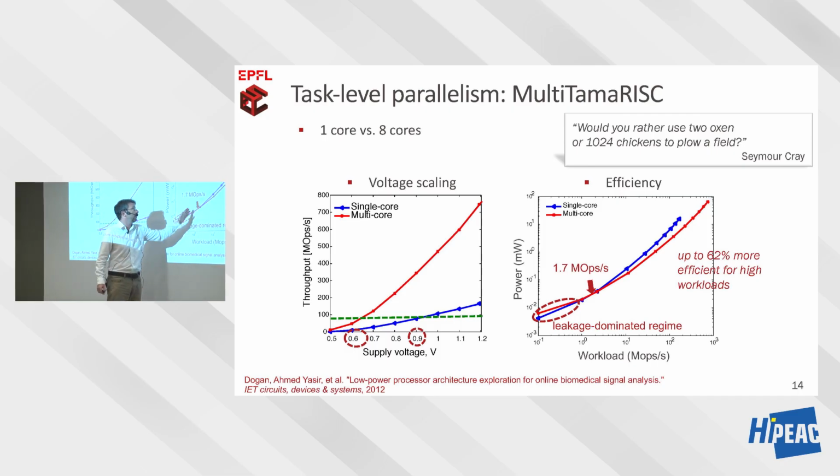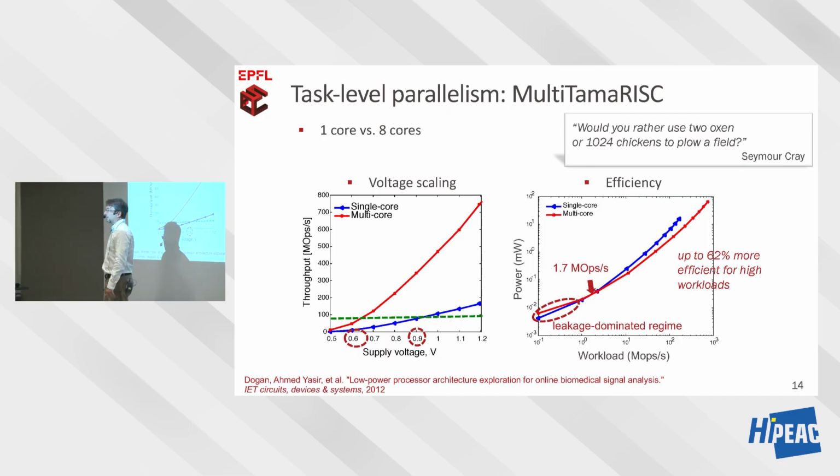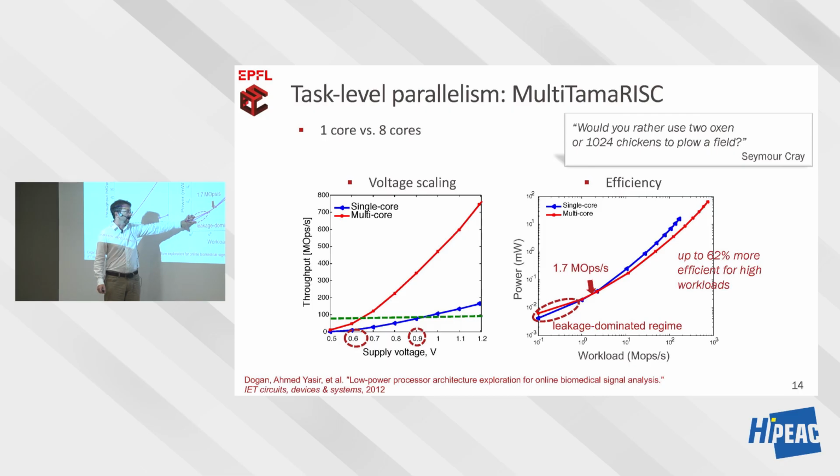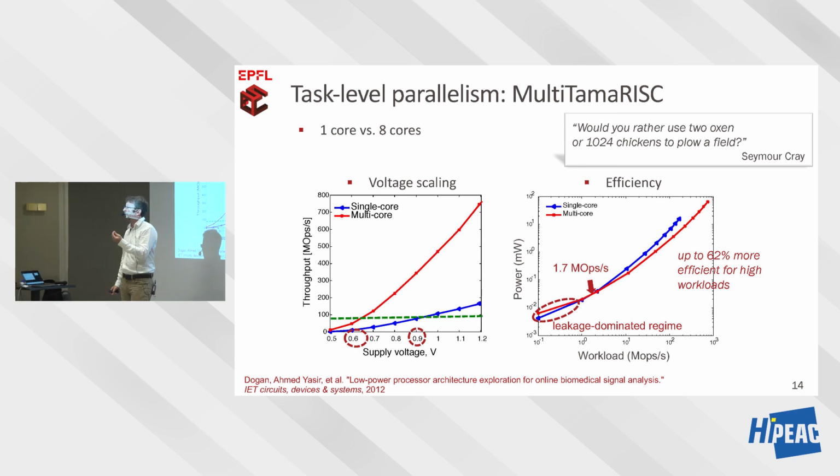Here, 1.7 megaops per second, which is basically nothing. Why in this region do we prefer to have a single core? Well, because if you have a single core, you have a single core that leaks energy. So at some point, having more stuff will cause some static energy consumption, which will be detrimental to your energy efficiency.